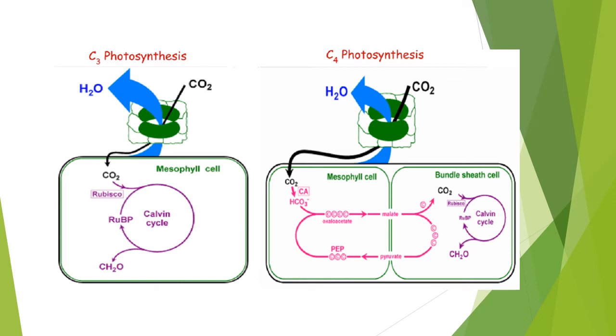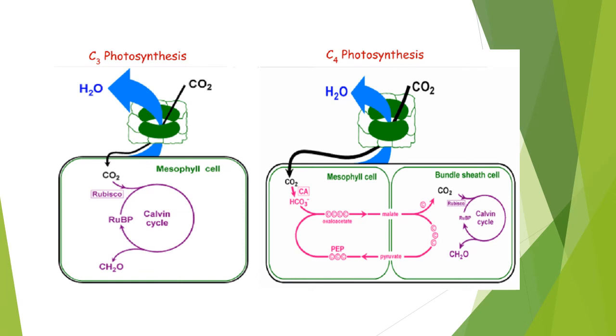Remember this point, that bundle sheath chloroplasts are either rudimentary granal or agranal. In this way, they utilize the malate from the oxaloacetate, and they can again release the CO2 in presence of the Rubisco. They can again enter the Calvin cycle.